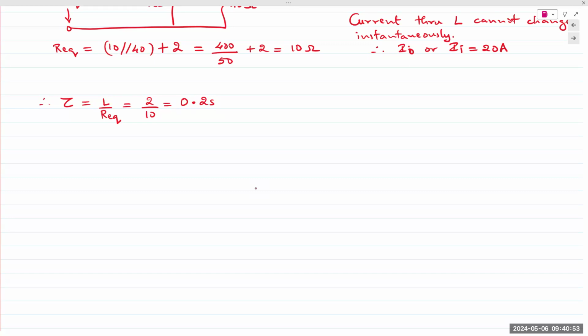X of t, in this case, x is equal to I, and so the equation would be IL of t is IF plus I0 minus IF into e raised to minus t over tau.